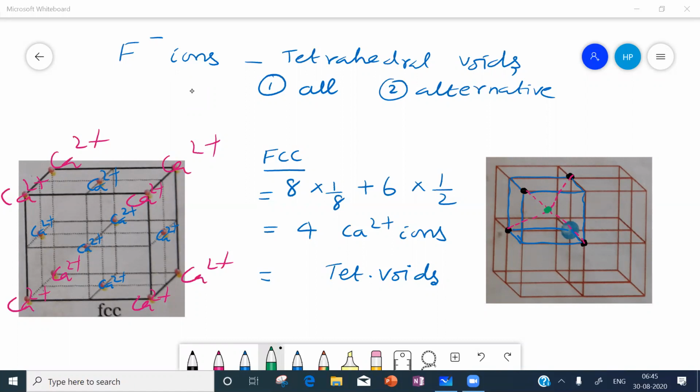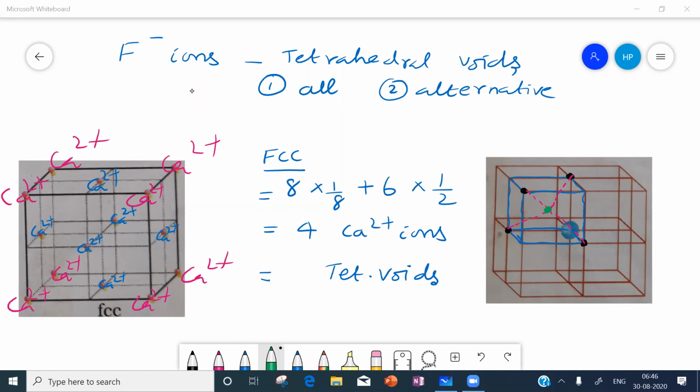Now in this complete FCC unit cell, how many tetrahedral voids are present? We are just asking about tetrahedral voids, not F minus ions. Later we will see which tetrahedral voids are occupied by F minus ions.